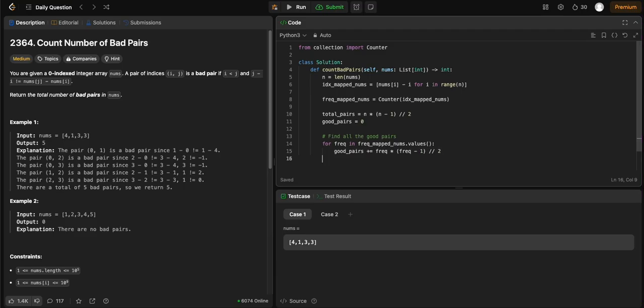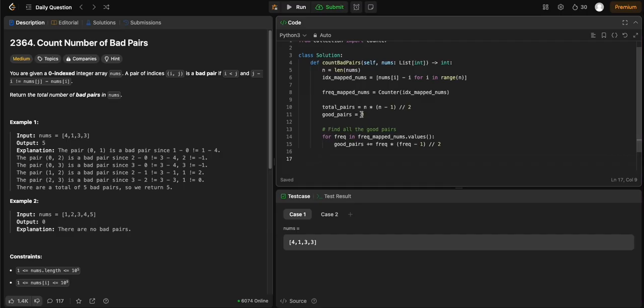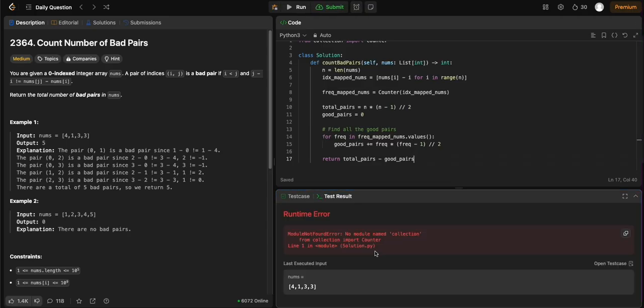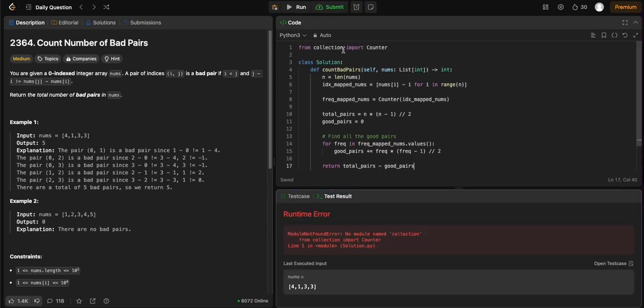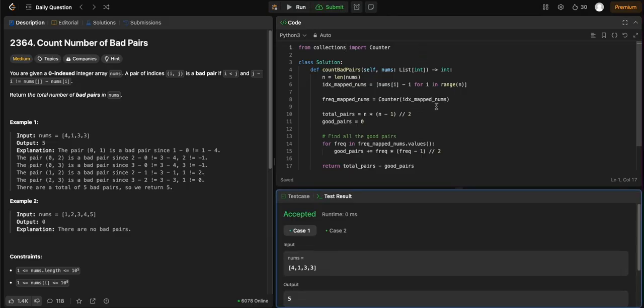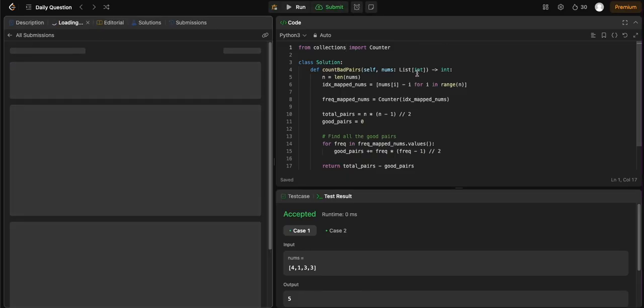And at the end, bad pairs is just the total pairs minus good pairs. If I didn't write anything wrong, that should work. Let's see. Collections, I think. Yeah, nice. I think that works, unless I ran into some bugs.